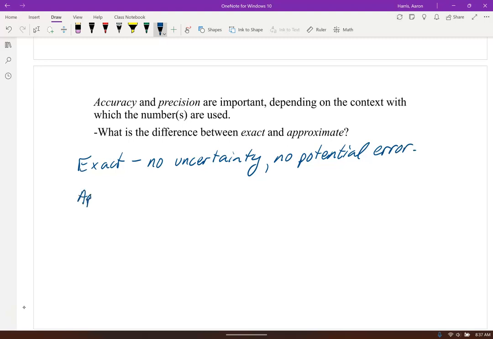Approximate may be close, but it's not an exact measurement. It's just an approximation, right?